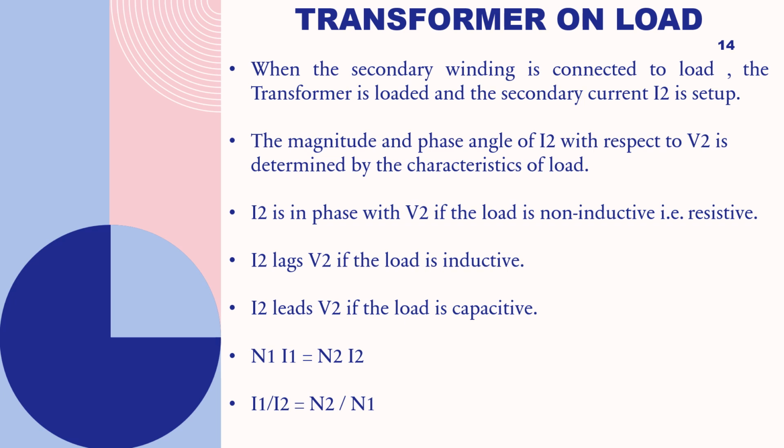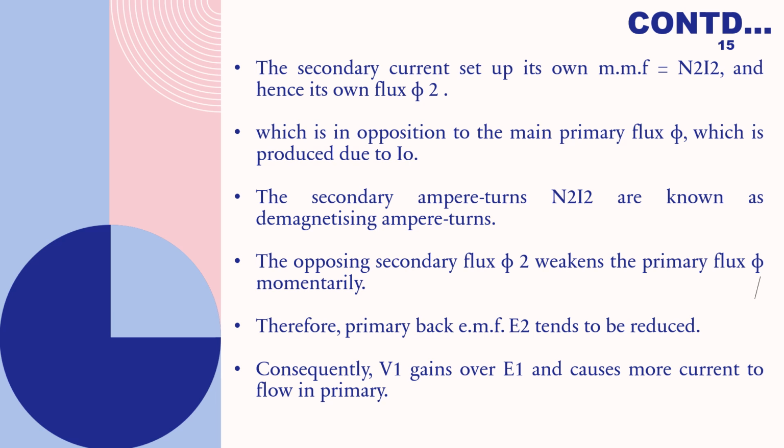Now N1 I1 is equal to N2 I2. So I1 by I2 is equal to N2 by N1. The secondary current sets up its own MMF, that is N2 I2, and hence its own flux phi 2, which is in opposition to the main primary flux phi, which is produced due to I0.